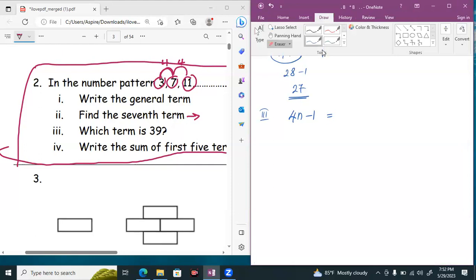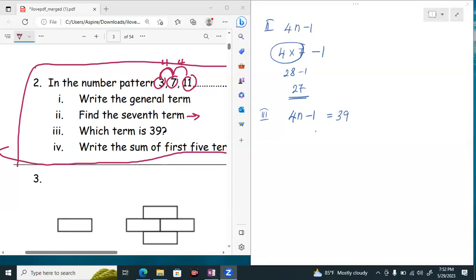To find n, which term, take 1 to the other side. That means 39 add 1, 4n equals 40. Divide both sides by 4. n is equal to 10.